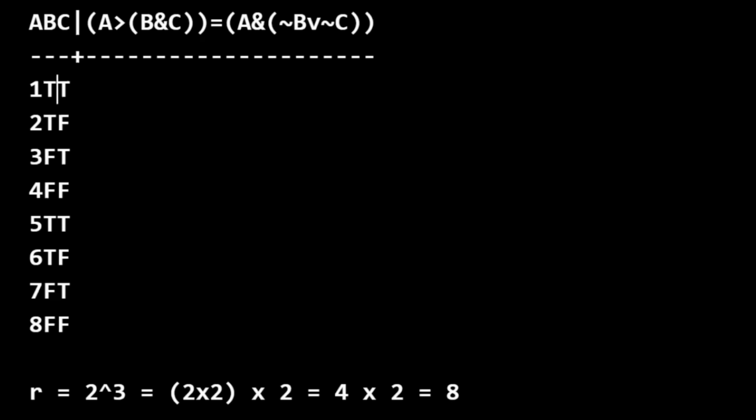So it goes 1 true, 1 false, then 2 trues, 2 falses, and then for the next column to the left, we're going to do 4 trues and 4 falses, and then we get the conventional pattern for our truth values.